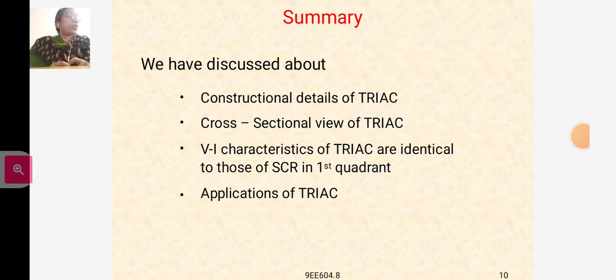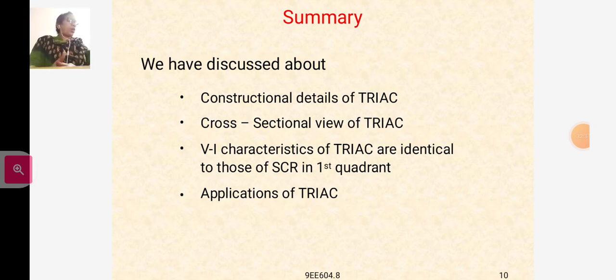SCR has high power handling capacity. Triac has low power handling capacity. The SCR is triggered by a narrow positive pulse applied at the gate terminal.